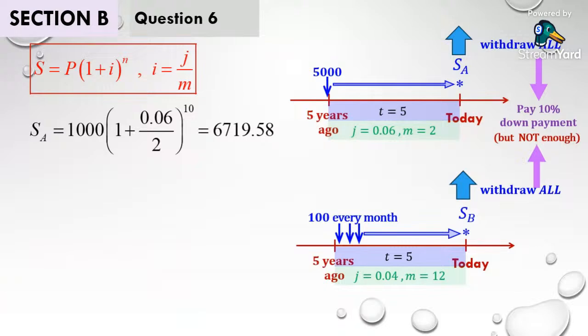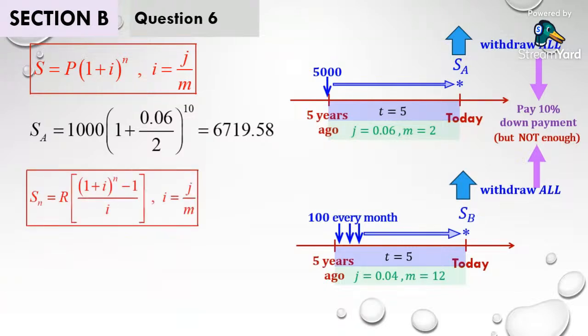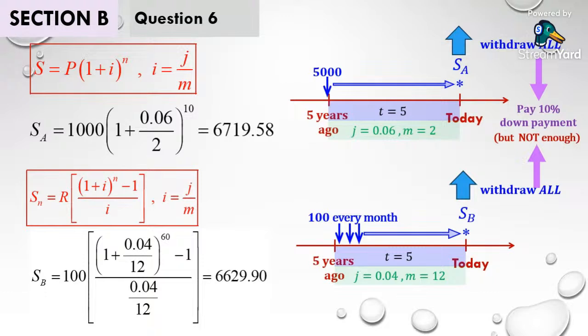Next, let us calculate the second resource of money, the SP, which is an annuity. The annuity for 5 years and every month 100 ringgit. So we substitute accordingly, and this is the formula that I have. Again, my focus here is that I want you to refer to the value of the n here. We have 60. How does the 60 come in?